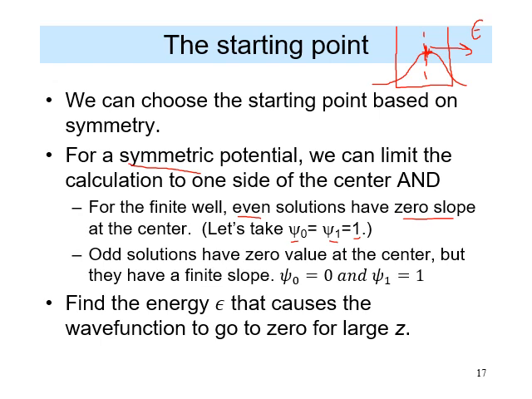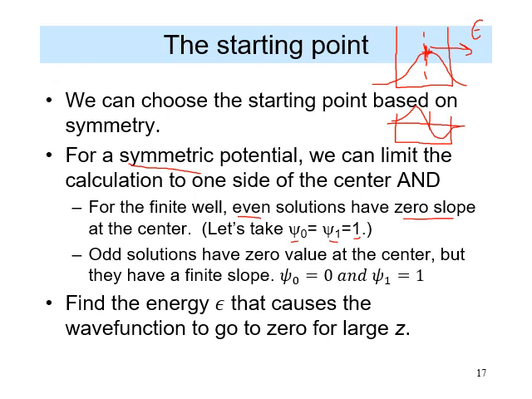Odd solutions, if I want to find the first excited state or the third excited state, are 0 at the center, and they have finite slope.